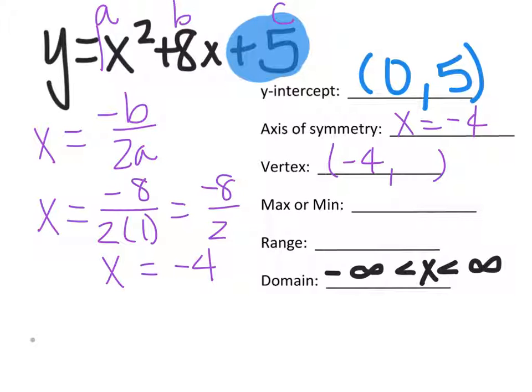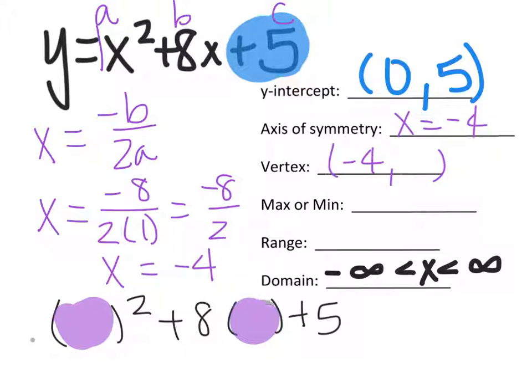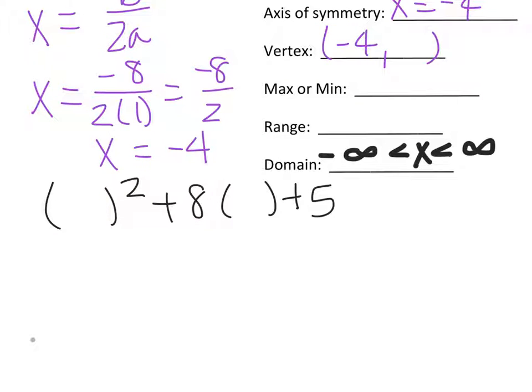To figure out the rest of it, I take my formula, which says x squared plus 8x plus 5, and instead of x, I'm going to plug in what we figured out x was in this problem, which in this case is negative 4. So negative 4 squared is 16. 8 times negative 4 is negative 32.